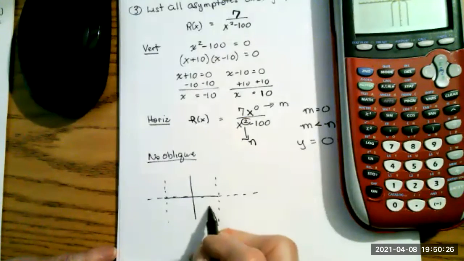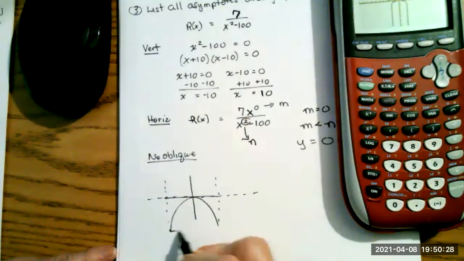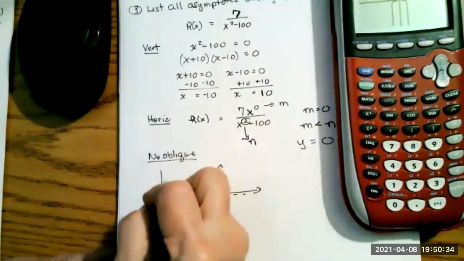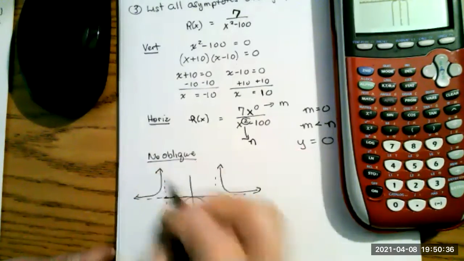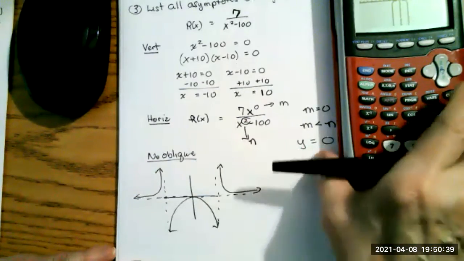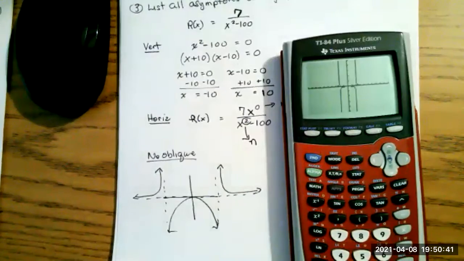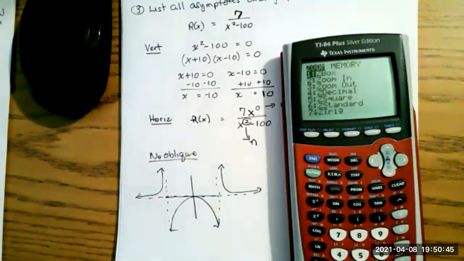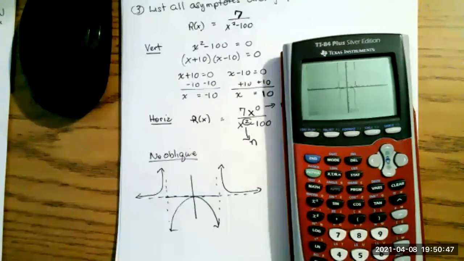It has a little parabola looking thing in here, which is where that x squared minus 100 comes from. And this one goes this way, and this one goes this way. And that's what that thing is doing. It's hard to see it. Let me see if we zoom in or out, it would help.